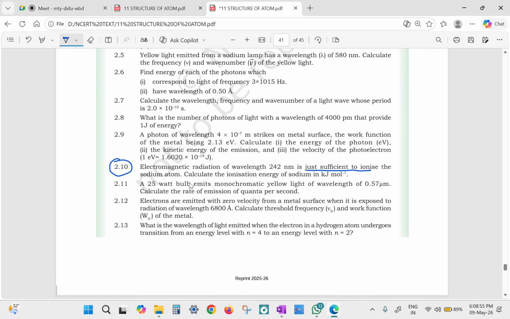So can I apply the Bohr's equation for this case? Is sodium hydrogen or a hydrogen-like atom? No, ma'am. Sodium is a multi-electron system, whereas hydrogen had 1 electron, He plus had 1 electron, Li 2 plus also had 1 electron.